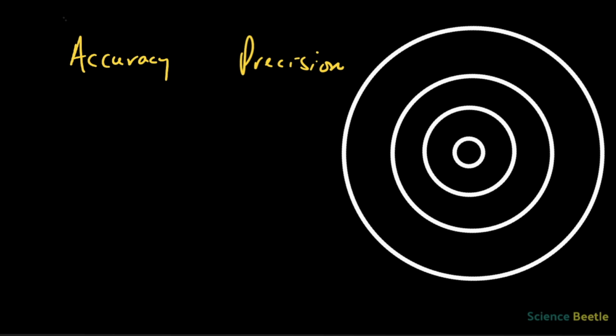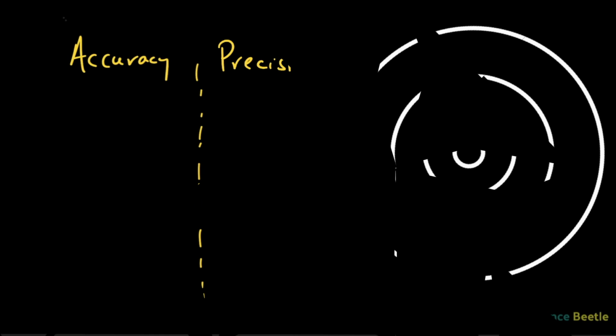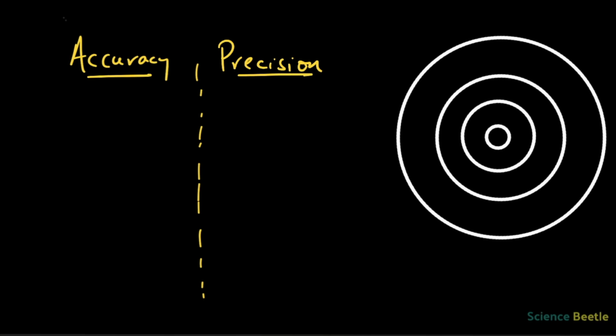Let's separate these out and ask ourselves, what's the main difference between these? Now, these two words are very different, and at the same time, they're very much the same. The way these words are the same is that they both refer to a very specific thing. They're both referring to how close we are to a given measurement.